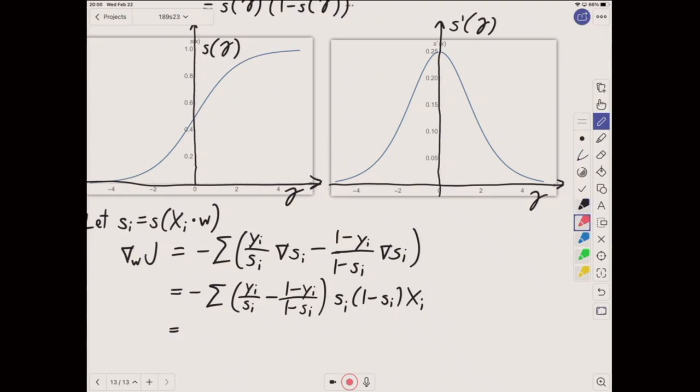It turns out that all of this stuff here simplifies more than you would expect. It's pretty easy to jump from that to, hey, this is just y_i minus s_i times x_i. So hey, that got really simple.